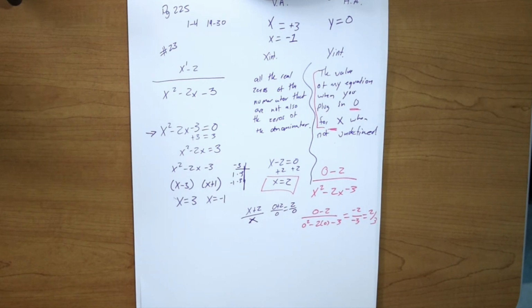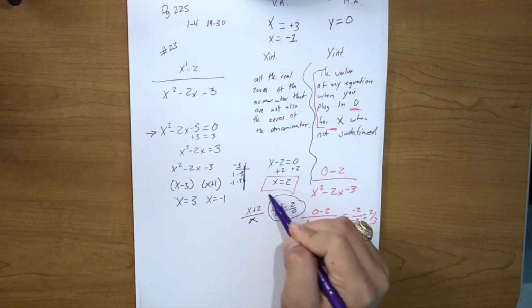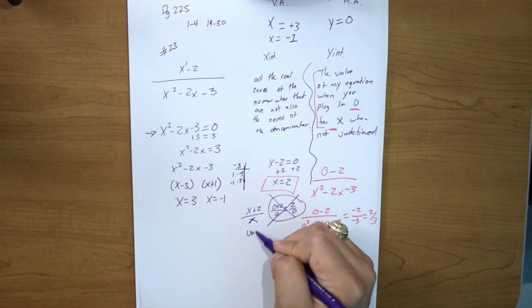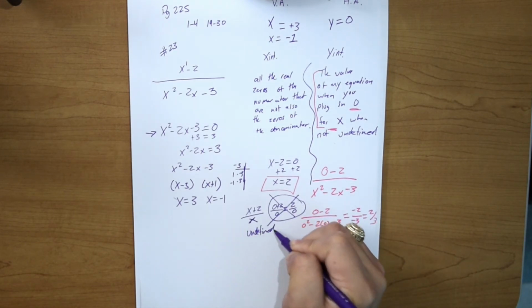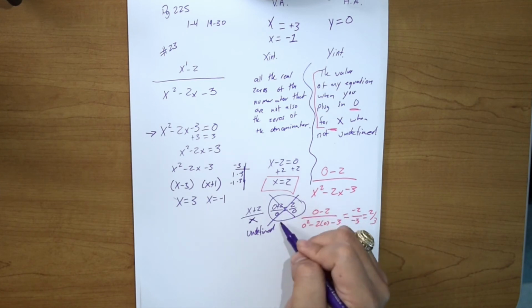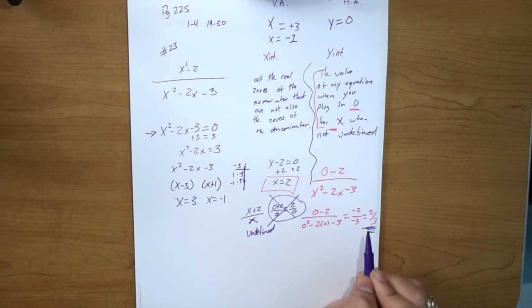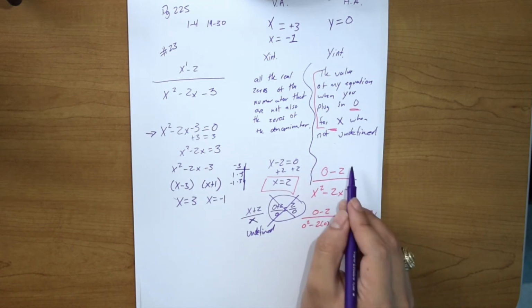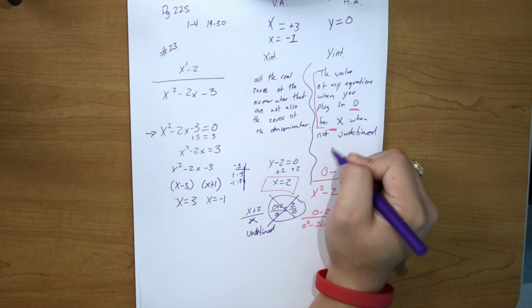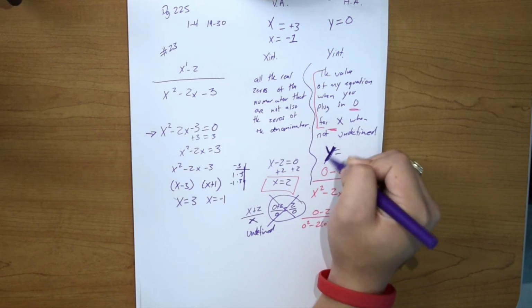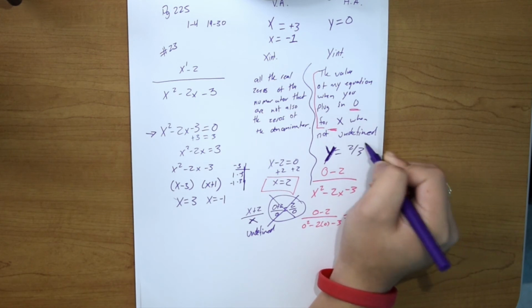No. We can never divide anything by 0, so this is actually going to be undefined. But does our original number satisfy our condition? Yes. Is it undefined? No. So does it check out? We're good. My y-intercept is equal to 2/3.